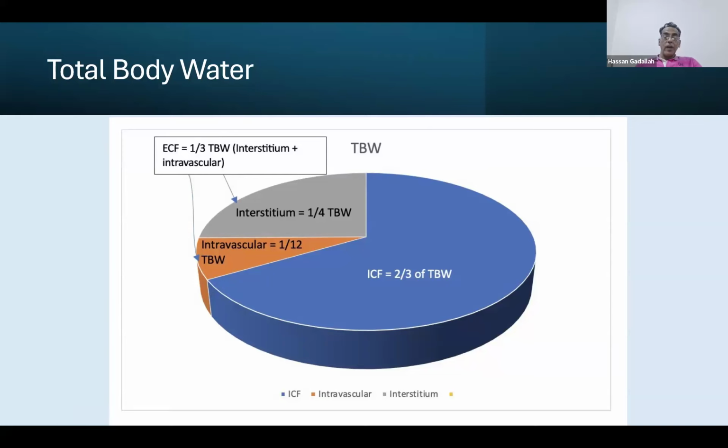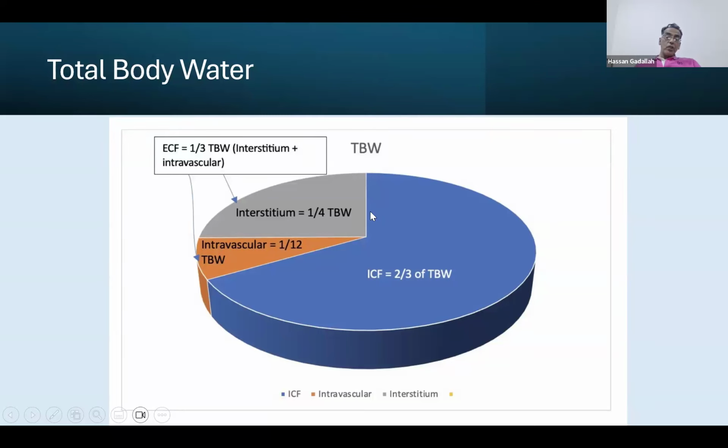Again, just a reminder that the body weight of the human body is 60% water in males and 50% water in females. And this is divided into 2 big compartments: the intracellular fluid, and a smaller compartment, the extracellular fluid. And this extracellular fluid is further subdivided into interstitial compartment and intravascular compartment.